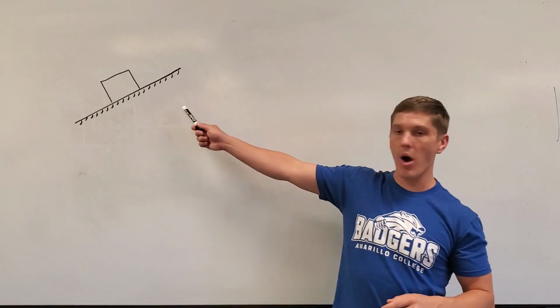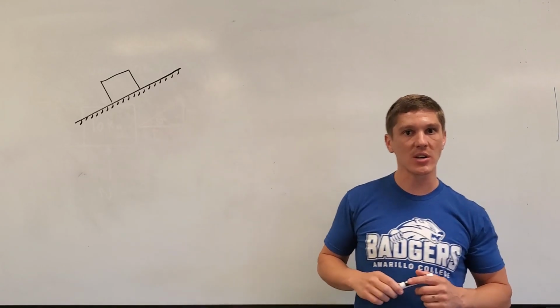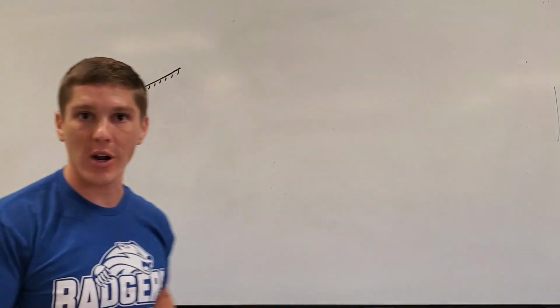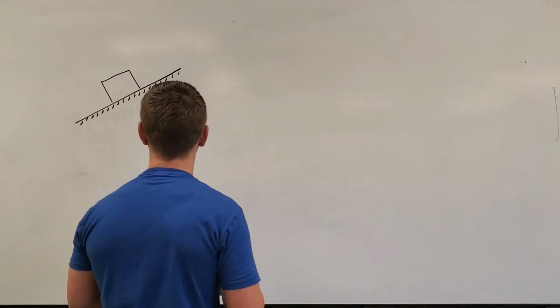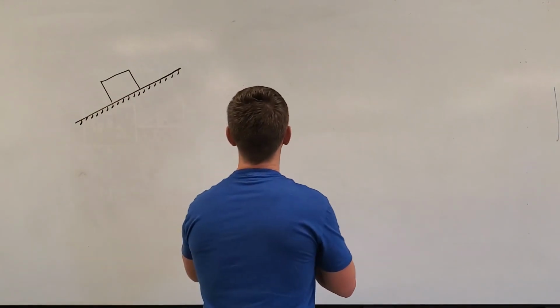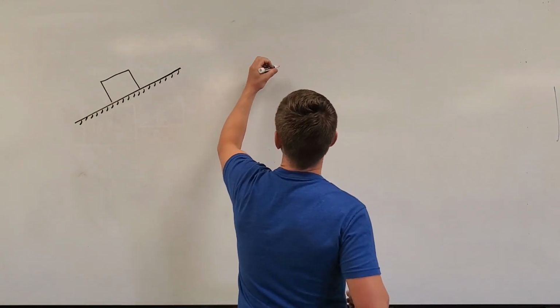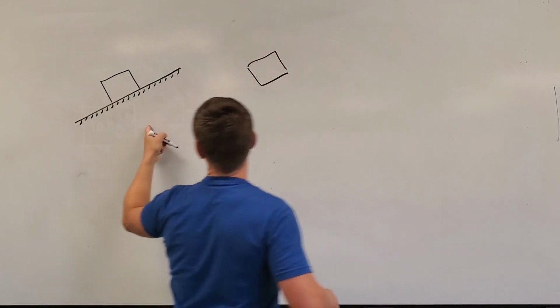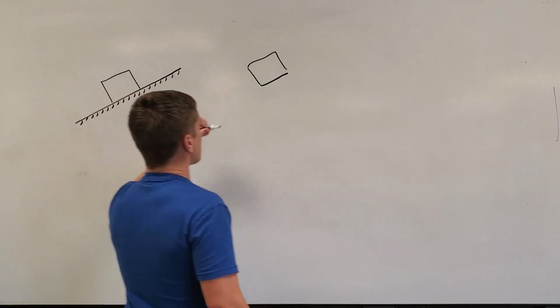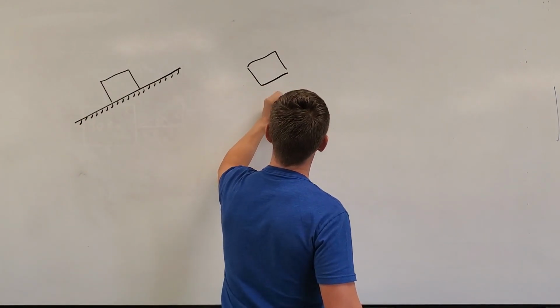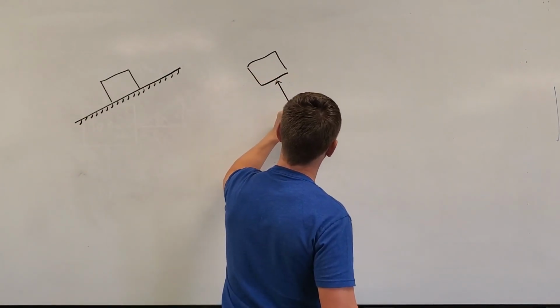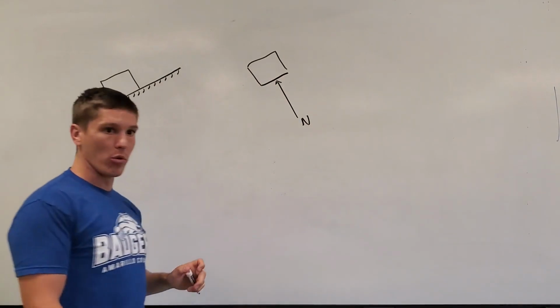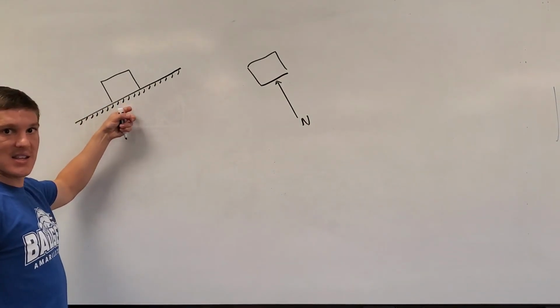So whenever we have a problem like this, the first thing we're always going to do is start by drawing a free body diagram. So let's go ahead and draw ourselves a free body diagram. I have my mass sitting on a slope at some angle. The normal force is going to be perpendicular to that slope. So acting on this block, I have a normal force from where it contacts the incline.